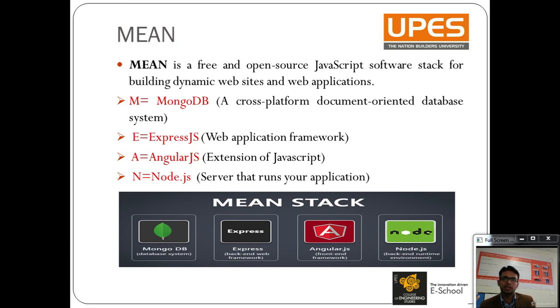JSON basically stands for JavaScript Object Notation. So MongoDB uses a format that JavaScript natively understands, because if your server side code is written in JavaScript and your client side applications are also in JavaScript, then it makes sense to use a database with a JavaScript flavor.